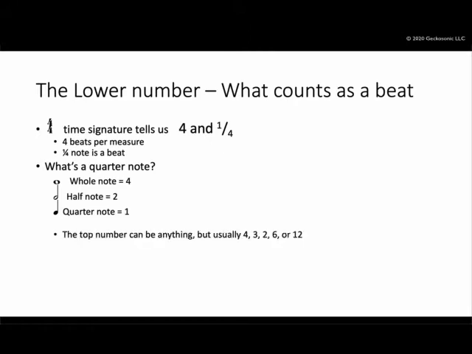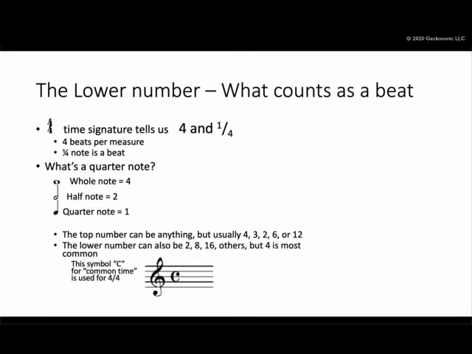That top number can be any number, but it's usually, say 75% of the time, going to be 4. Oftentimes you'll see a 3, but there can be others for experiencing later on in life. The bottom number usually is 4.